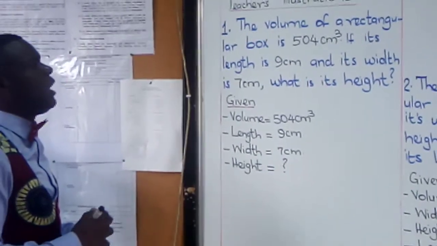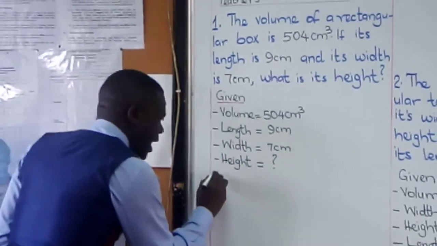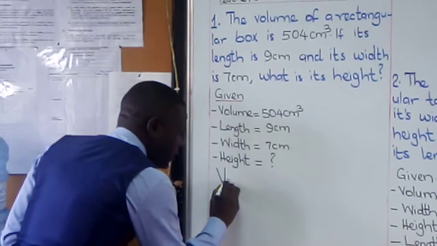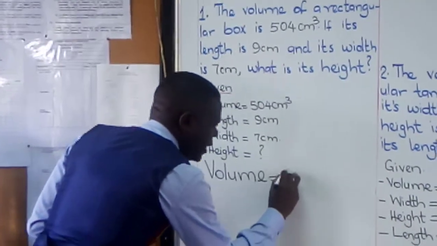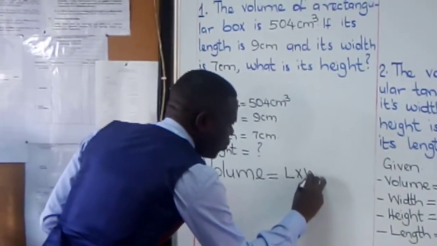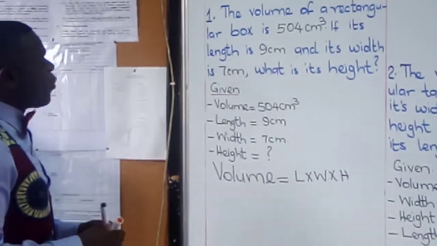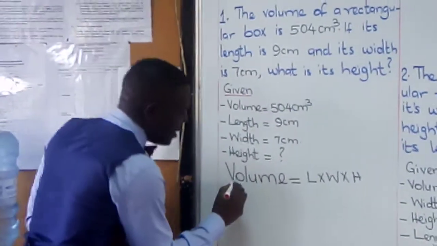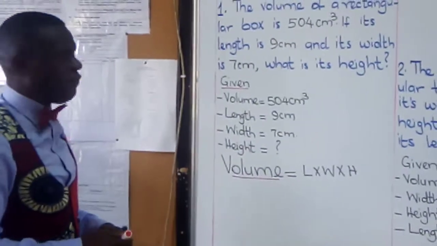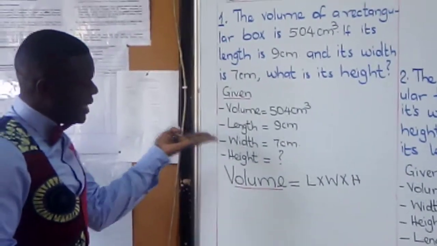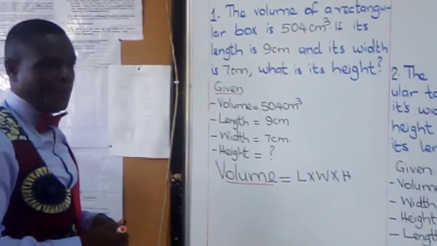Right. Now let's look at how we can use the formula to work out this sum. The formula of finding the volume of a cuboid is length multiplied by width multiplied by height. Whenever we are asked to find volume, we use this formula. But in this question, we are not asked to find volume, right?